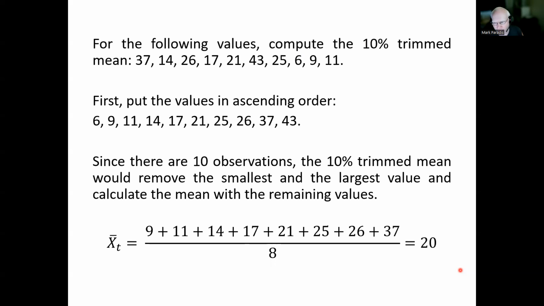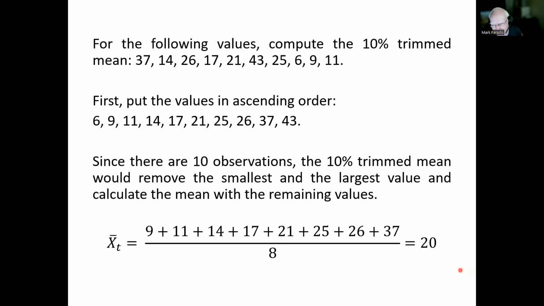And since there are 10 observations, the 10% trimmed mean would remove the smallest observation and the largest value, right? So there's 10 observations, we're taking off 10% from both ends. 10% of 10 is 1. So we take off the single smallest and we take off the single largest, and we have the middle 8, so 80% of the data remaining.